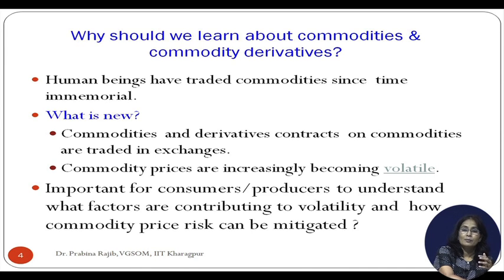In fact, earlier many countries did not have organized commodity derivative exchanges. With the progress of time, with the volatility of commodity prices increasing day by day, almost all major commodity producers of the world have started their own commodity exchanges.